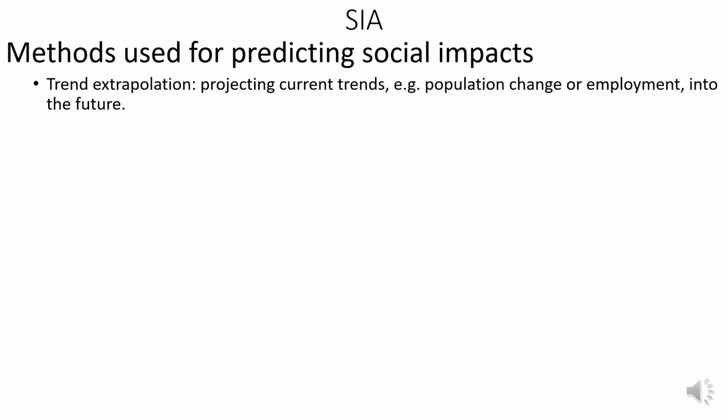So one of the methods that is applied in social impact prediction is trend extrapolation. And here you are projecting the current trends into the future. You are looking at how, if this project is implemented, it is going to affect the future population level and also the future employment activity and job creation of that community.